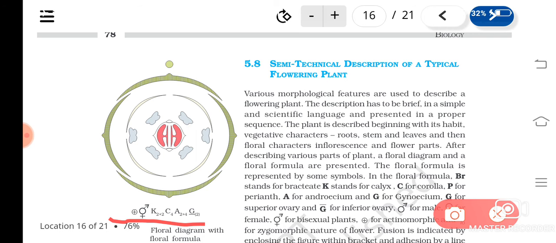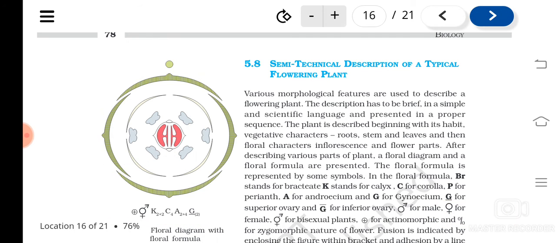And by using a diagram, we can also represent the characteristics of a flower. If we use a diagram to represent the various features of a plant, then it is known as floral diagram. And if we are using symbols, then it is known as floral formula. So let's see first the floral formula.